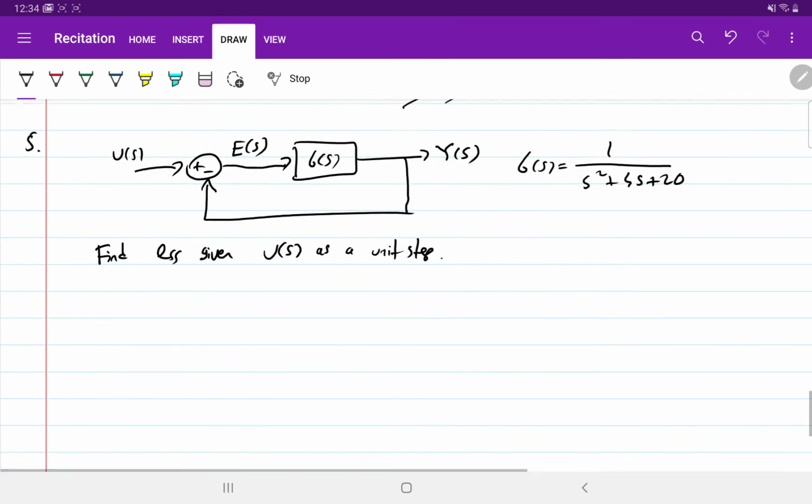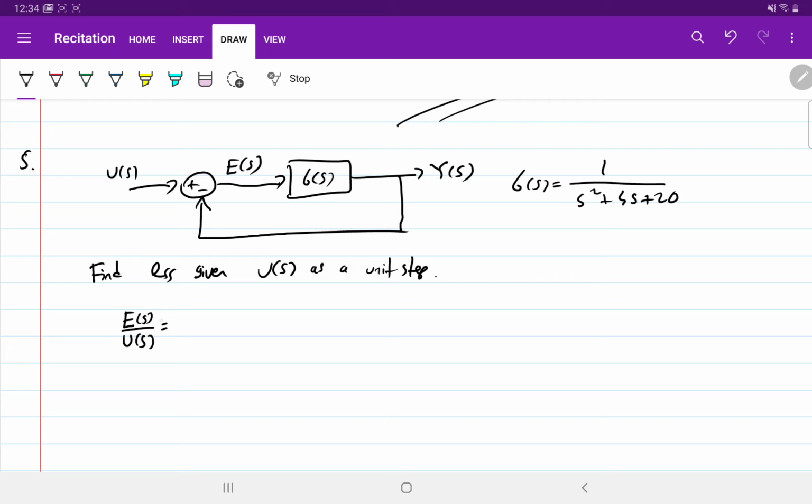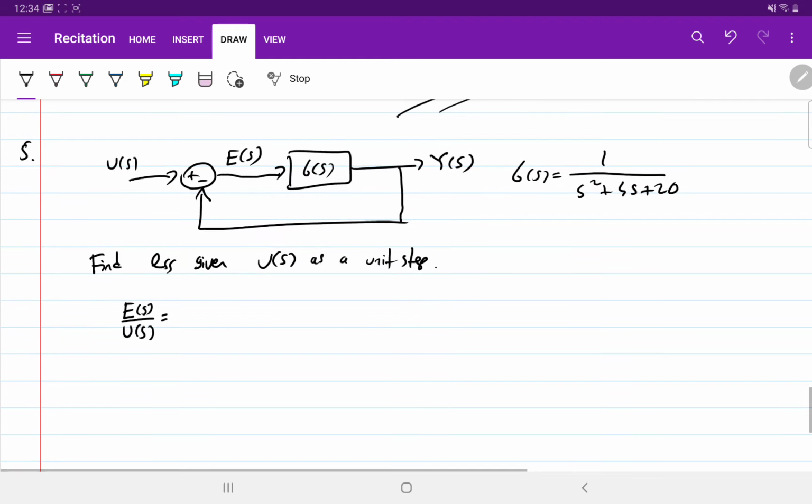Okay, so we need to find E of S over U of S, right? Because if we know this E of S over U of S, then we can give U of S as a step input, and then we can use the final value theorem, right?